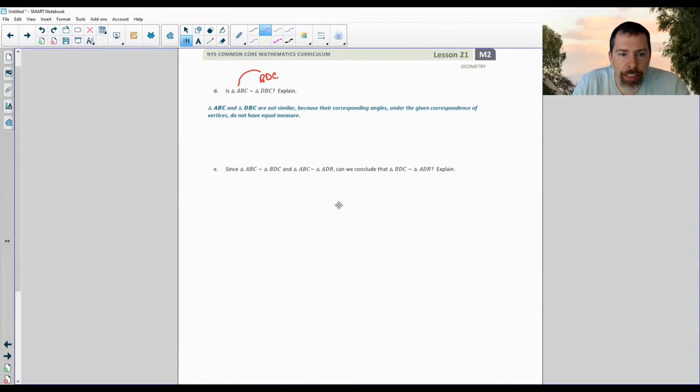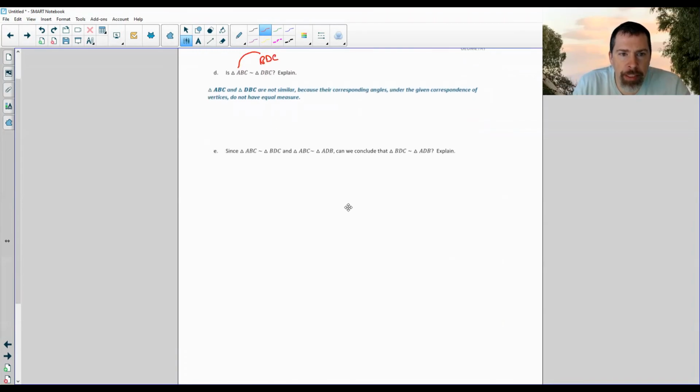Number 2, or E. Since triangle ABC is similar to BDC, not DBC, and triangle ABC is similar to triangle ADB, can we conclude that BDC is similar to ADB? Explain. So what they're saying is, if BDC is similar to ABC and ADB is similar to ABC, since they're similar to the same thing, they have to be similar to each other.